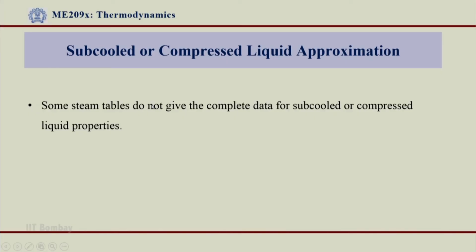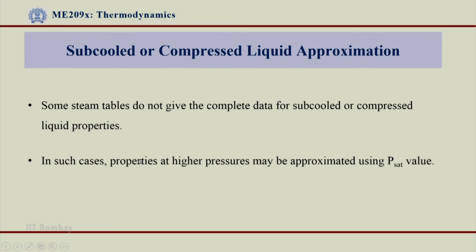In our table, as far as the table that we have given, that is not a problem because you have the values at 0.15, 0.16, 0.17, 0.2 and so on, which can directly be taken from the steam tables. But there are some steam tables which do not give the complete data for subcooled or compressed liquid. In such cases, properties at higher pressures may be approximated using Psat values.